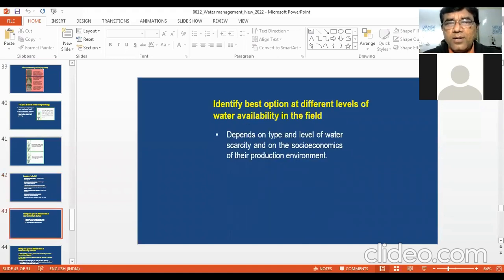Now, let us identify the best option at different levels of water availability in the field. Just now we discussed different kinds of water management in rice depending upon the method of establishment. We discussed saturated soil culture and transplanted rice. In transplanted rice, you can go for puddled, continuous submergence, or alternate wetting and drying.